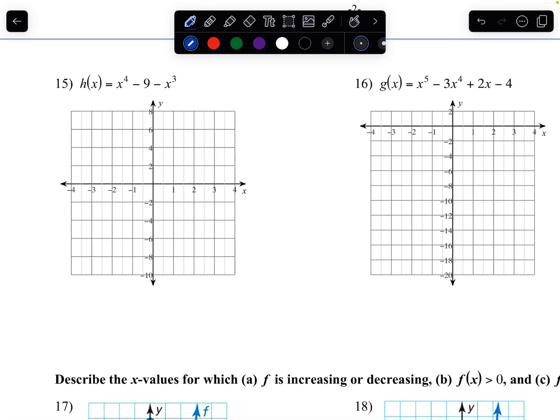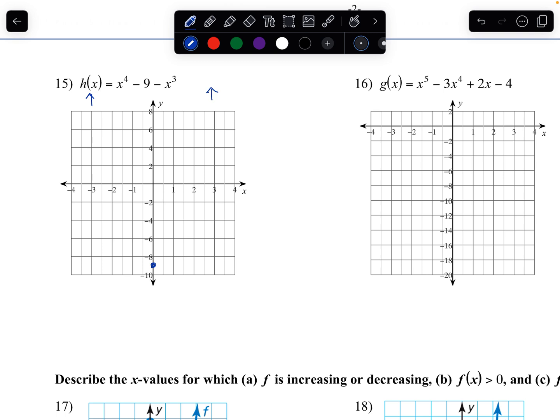All right, let's try the next one. Okay, so I'm going to start by plugging in 0. Also, the leading term here, okay, it's even degree, positive leading coefficient, so that has to be the end behavior right there. Let's plug in 0. If I plug in 0, that's going to go, and that's going to go, and I'm going to be left with negative 9.